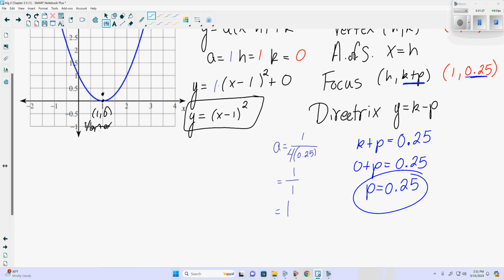So that's it for that equation. It's just x minus 1 squared. Everything else simplified out, it's understood. Questions on this here? We're ready for the next one.